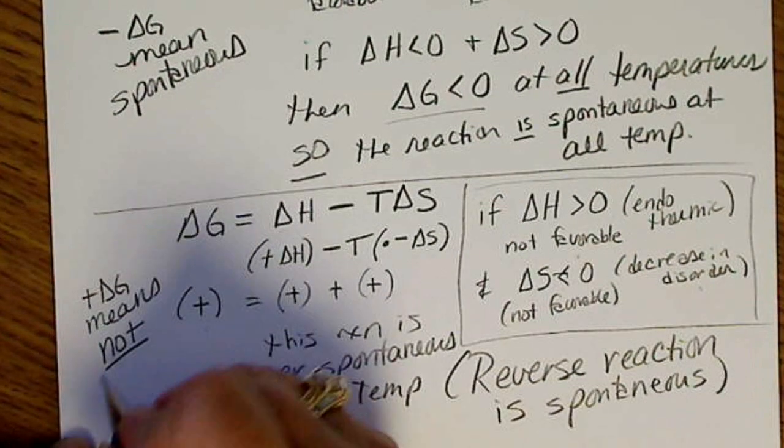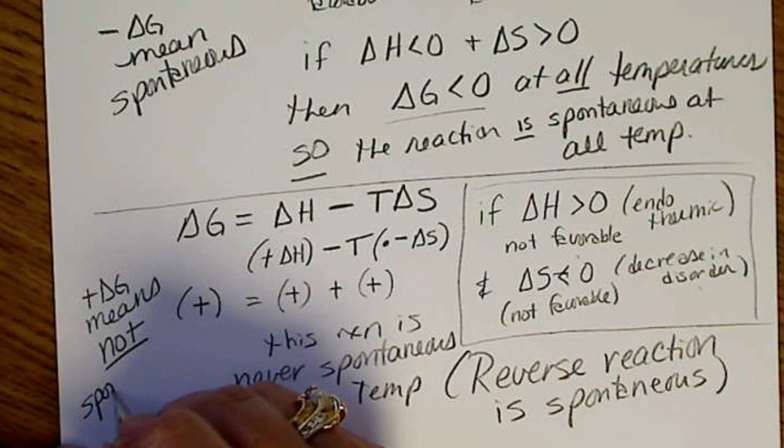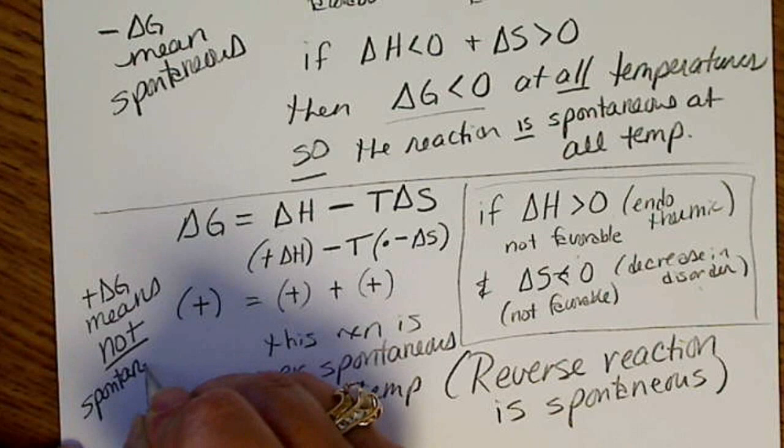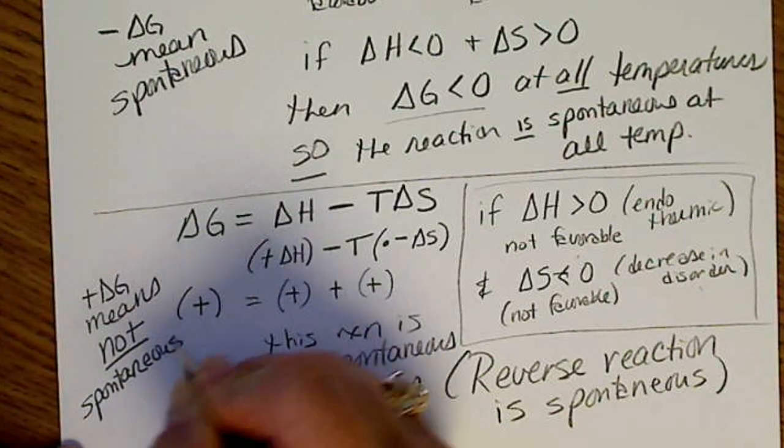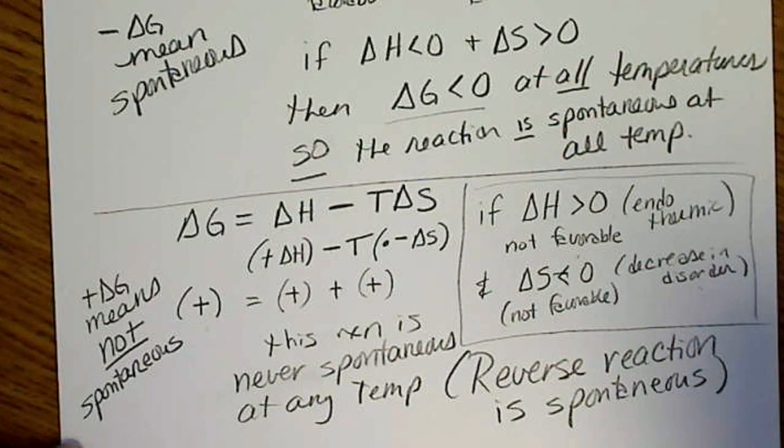And the reason we care about this is we can make a lot of money, or at least we could maximize our profit, if we are running a reaction that is automatically spontaneous. That means we don't have to add any energy into that reaction for that reaction to occur.